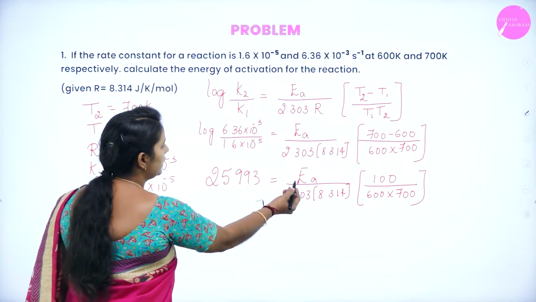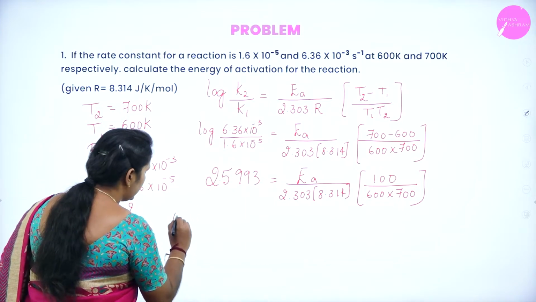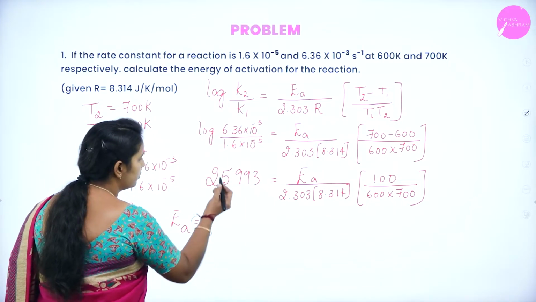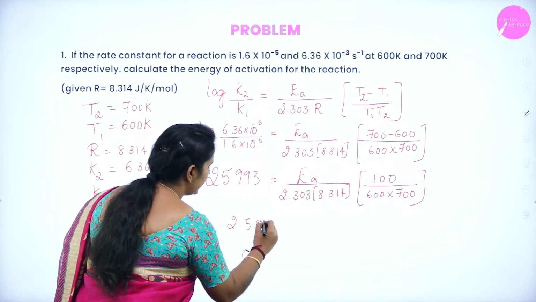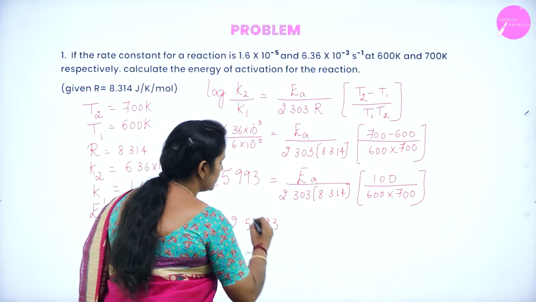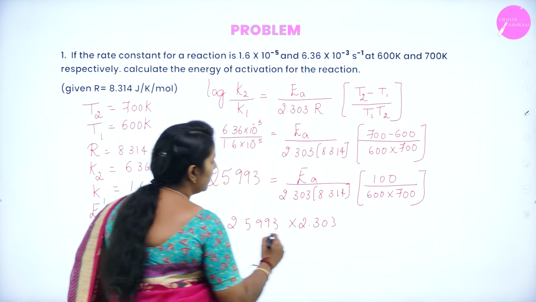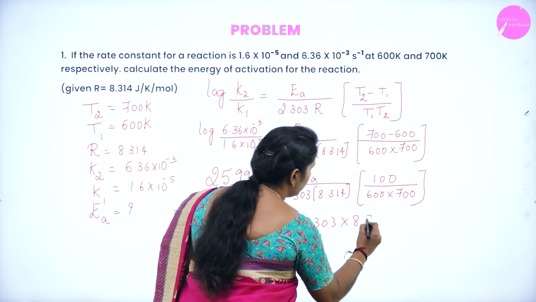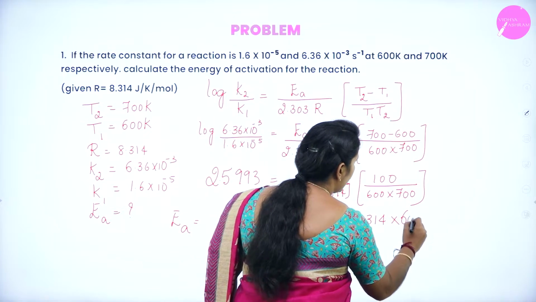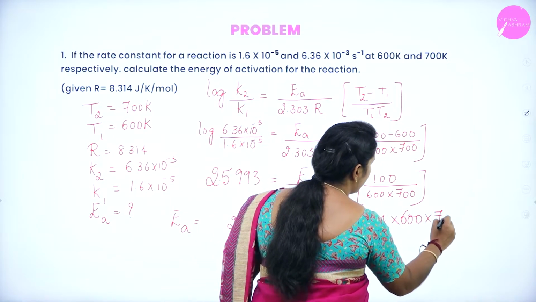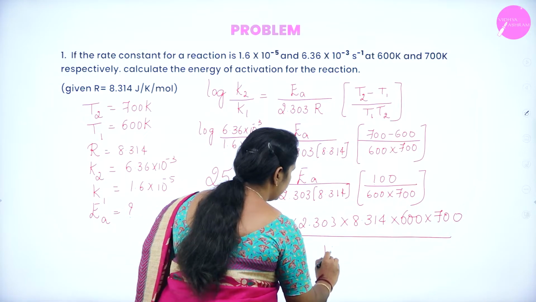Now, we need to calculate Ea, so I'll take Ea outside. Ea is equal to 2.5993 into 2.303 into 8.314 into 600 into 700 divided by 100.